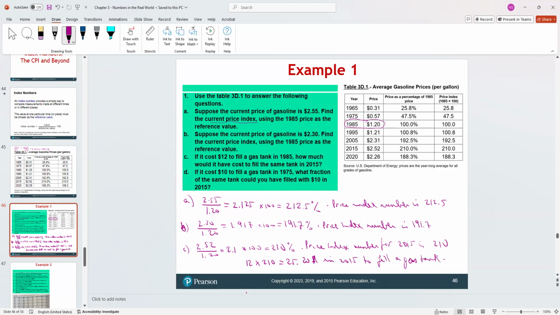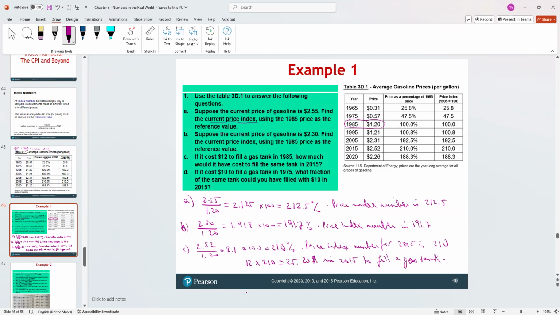So what we mean is, if you needed $12 to fill a gas tank in 1985, in 2015 you needed $25, more than double, because the price index is 210%.